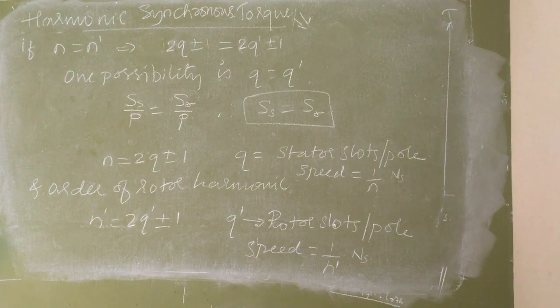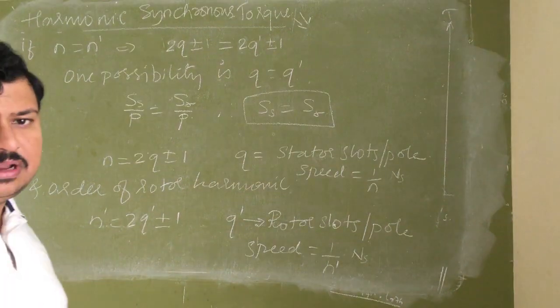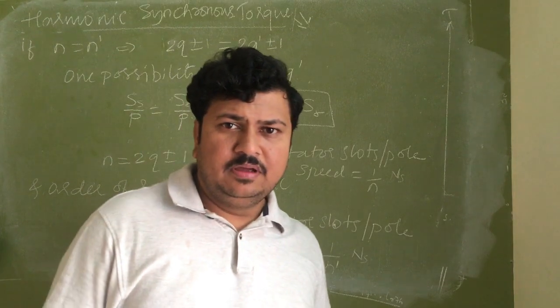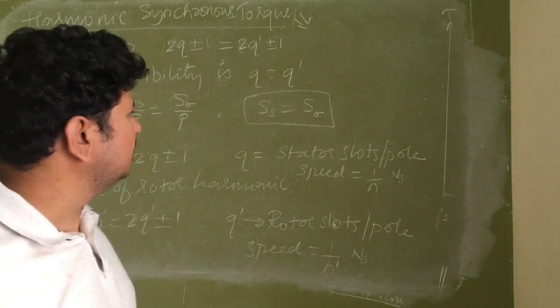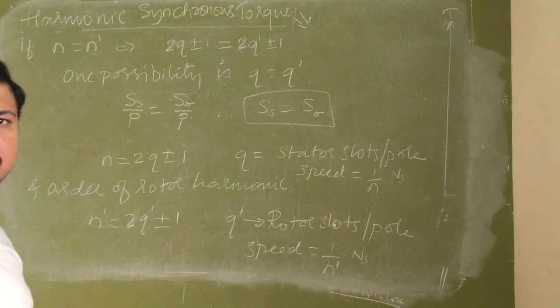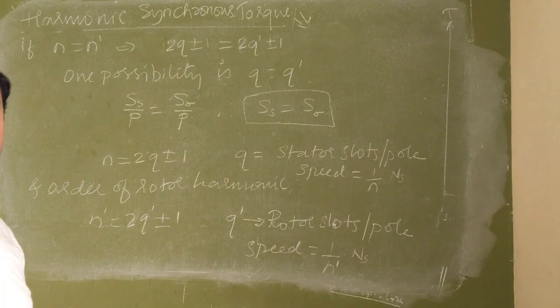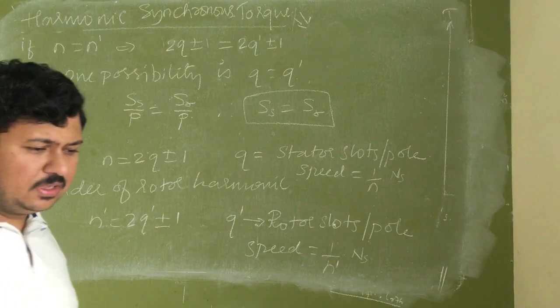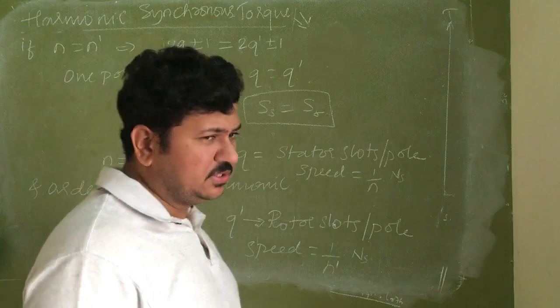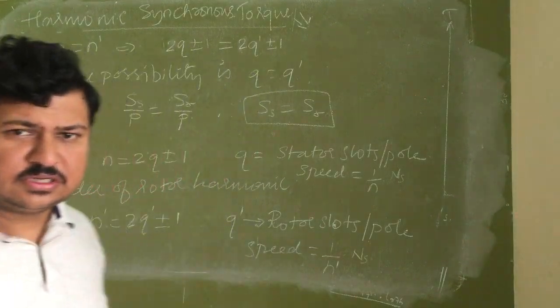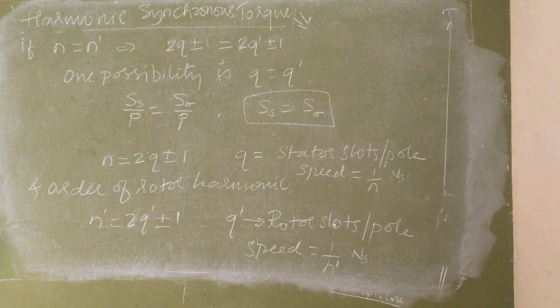And because these synchronous torques are alternatively in opposite direction, if I take the average torque, it becomes 0. Initially we have seen that if the order of harmonics is the same, then there may be alternatively opposite direction torques.